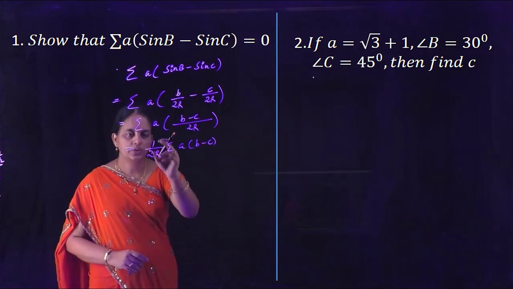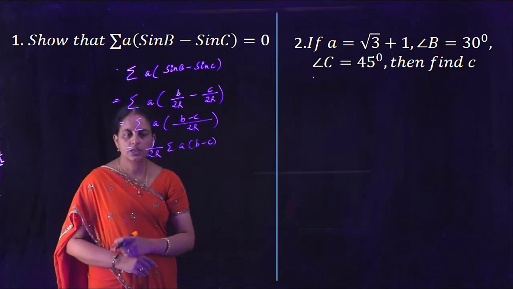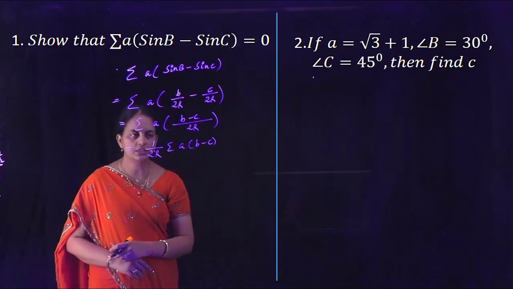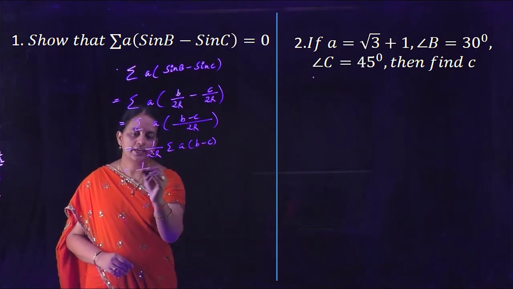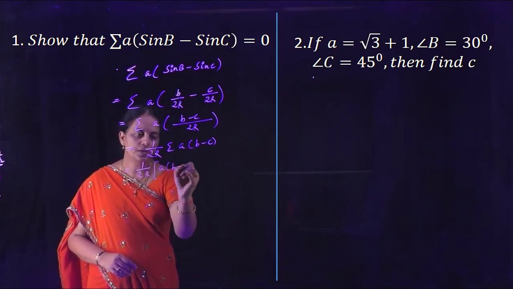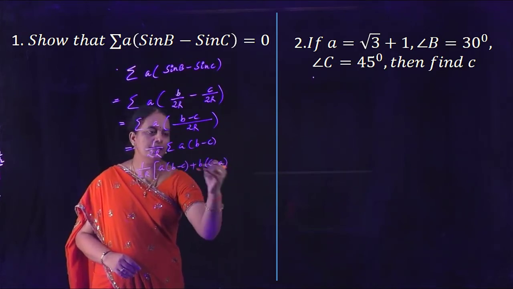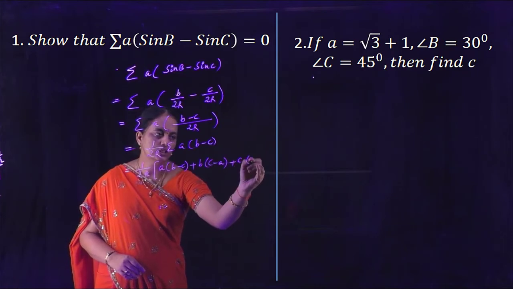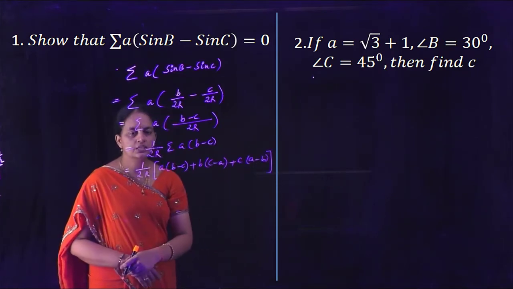That's why we can write in this way. Now we will expand sigma. We get 1 by 2r into a into b minus c plus b into c minus a plus c into a minus b. Sigma means summation.